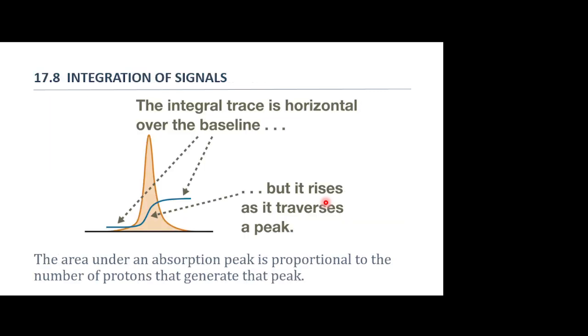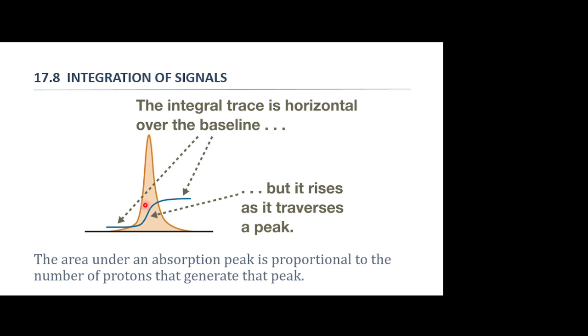Okay, let's go ahead and look at the integration of your signals. So when you're looking at signals that have width to them, okay, that have multiple things going on, the height of your signals actually is not a direct measure of your populations, right? And NMR typically has some width to it. It's going to have some splitting going on and some width to these things, okay?